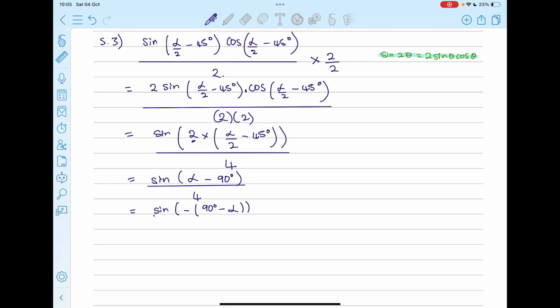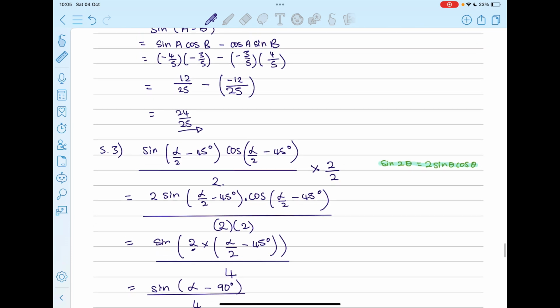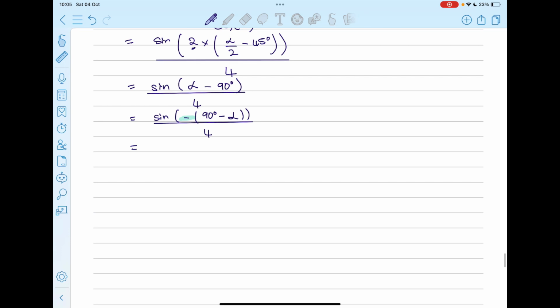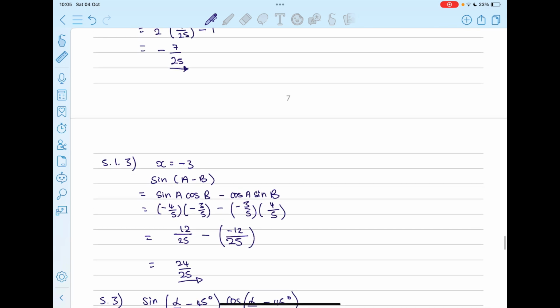So now it's something we can recognize, and this is 90 degrees minus alpha. When we apply co-ratios, it then becomes cos. But because there's this negative inside over here, we are basically looking at negative angles. And we know sine is negative in the 4th quadrant. So then it leaves us with negative cos alpha over 4.